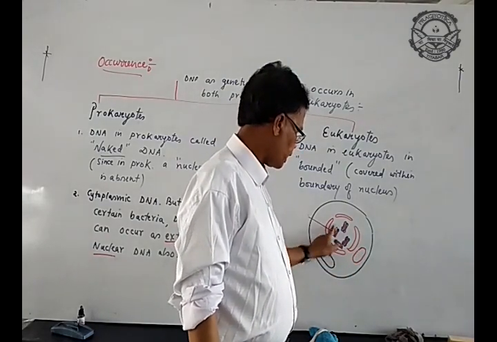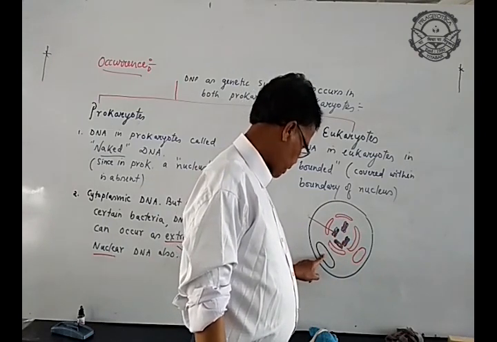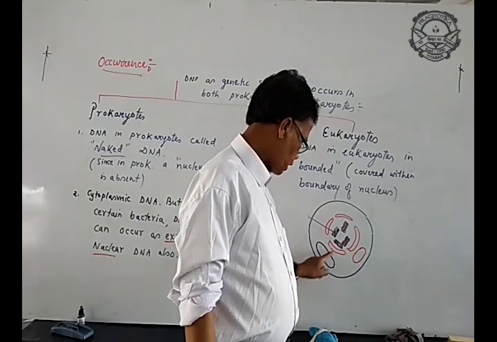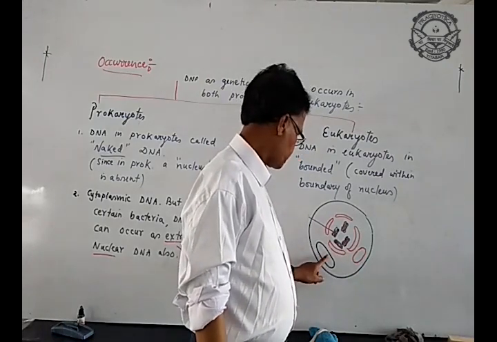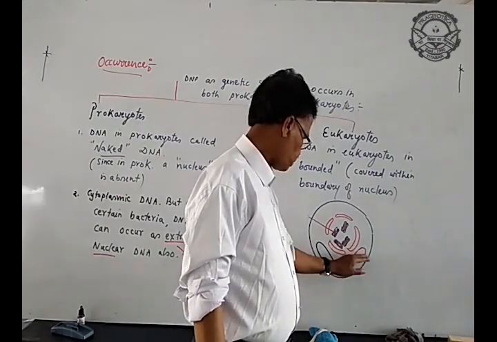There is nuclear DNA, chromosomal DNA, and then mitochondrial DNA and plastidial DNA, which are extranuclear DNA.